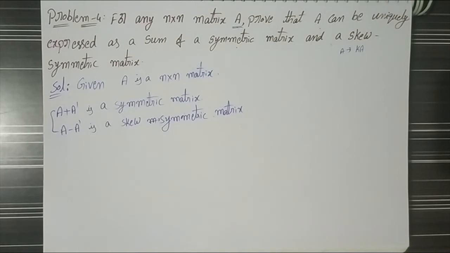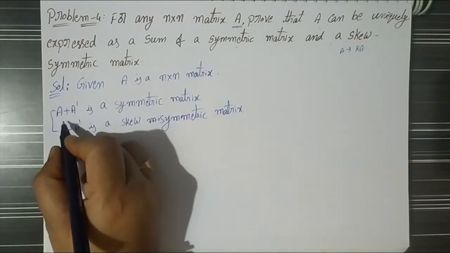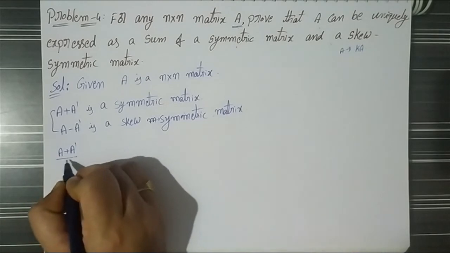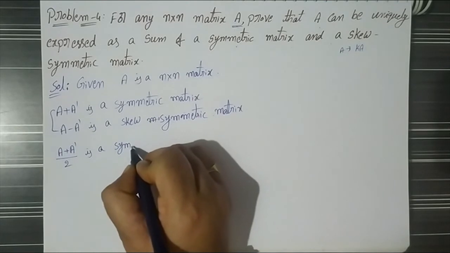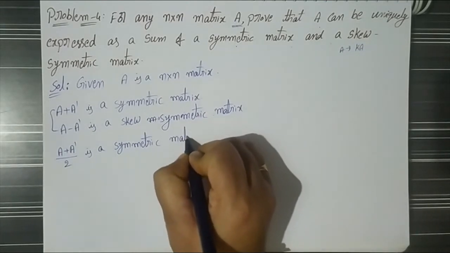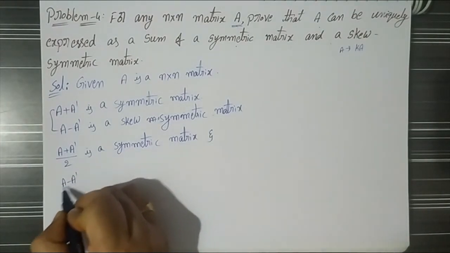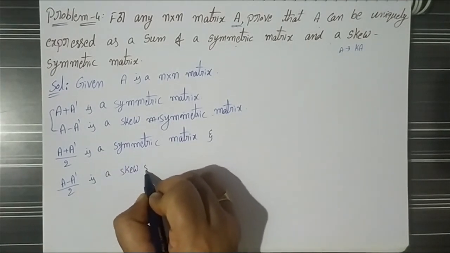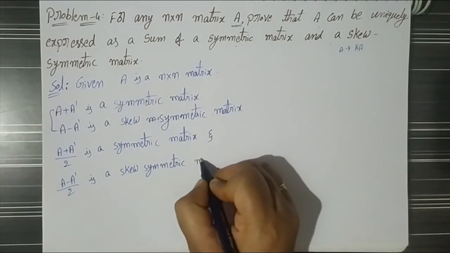Using that statement, we take that A plus A dash by 2 is a symmetric matrix, and A minus A dash by 2 is a skew symmetric matrix.